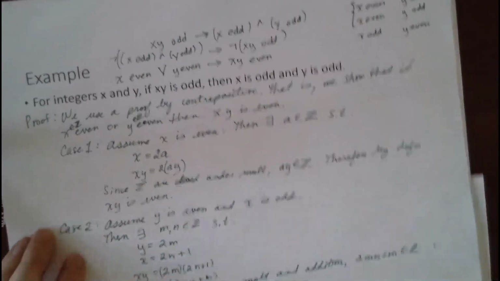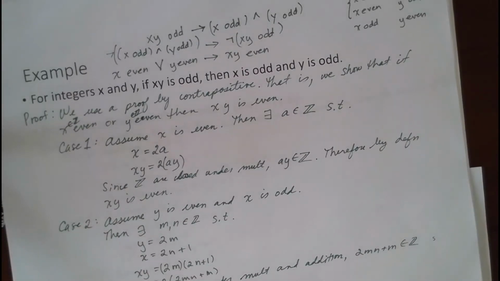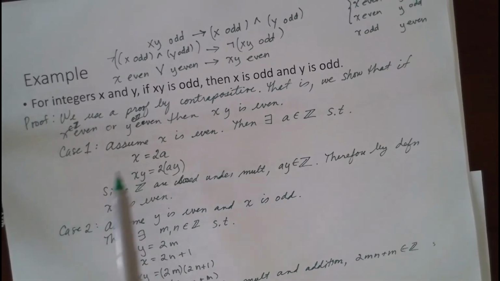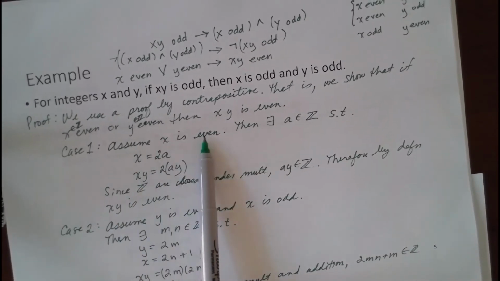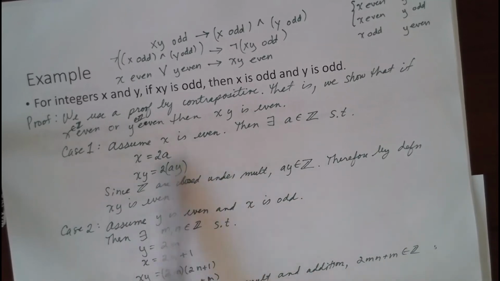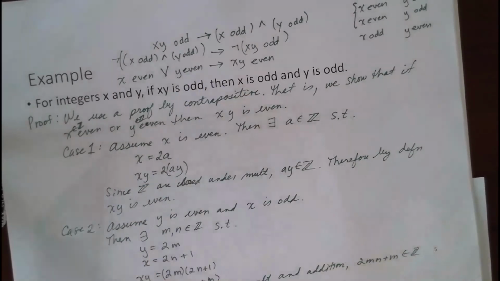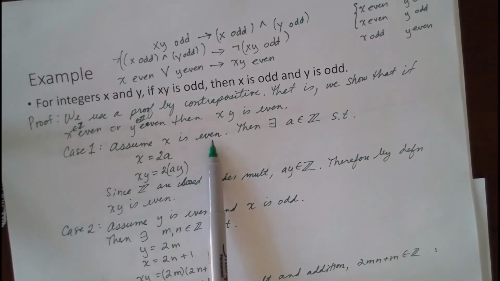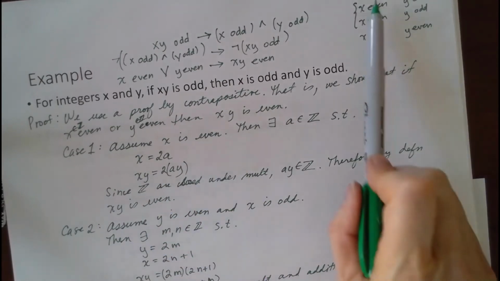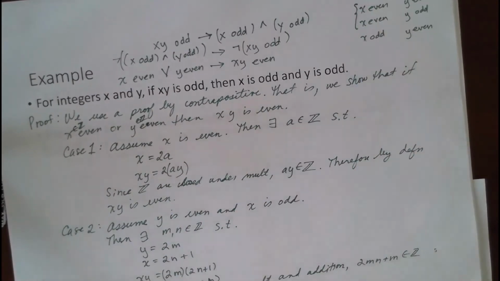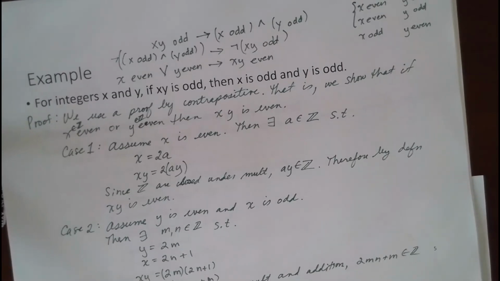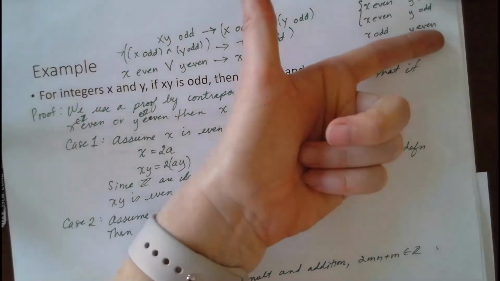So on this one, what we could have done is we could have rewritten this even better, saying assume that x is even without loss of generality, because we did proof by contrapositive. That would cover this one, okay? And then if you did y even, it would cover these two.